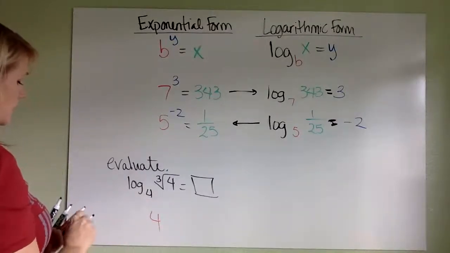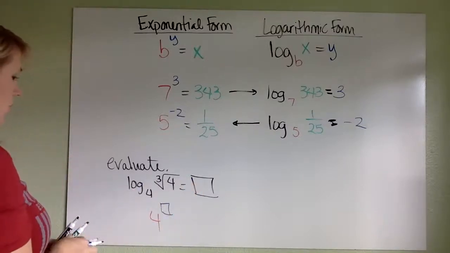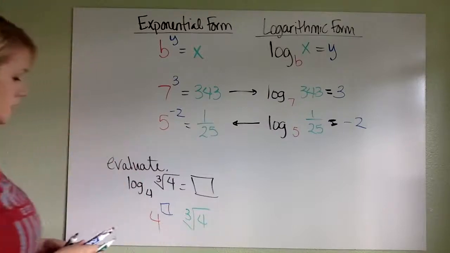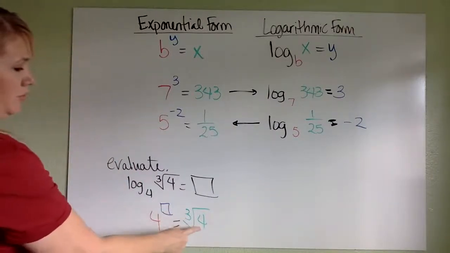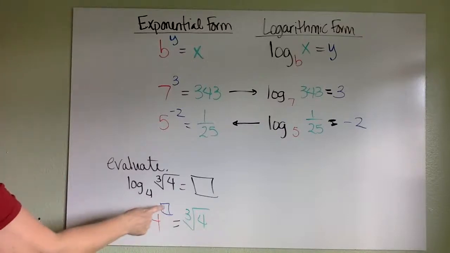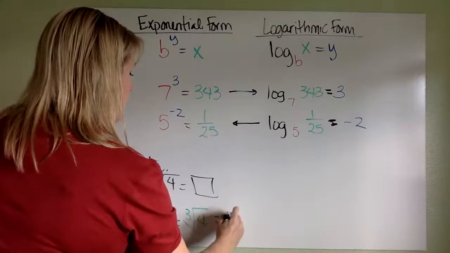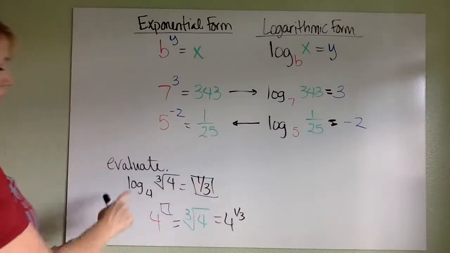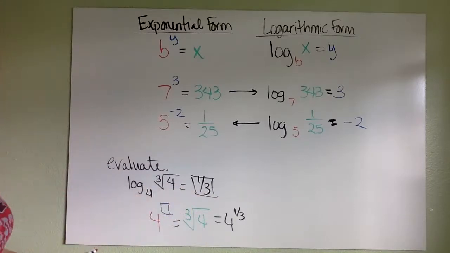The exponent is what I'm looking for. And then 4 to the cube root of 4 goes here. How can I write the cube root of 4 as 4 to some power? Well, the cube root of 4 is the same as 4 to the 1/3 power. So the answer is 1/3. Log base 4 of the cube root of 4 is equal to 1/3.